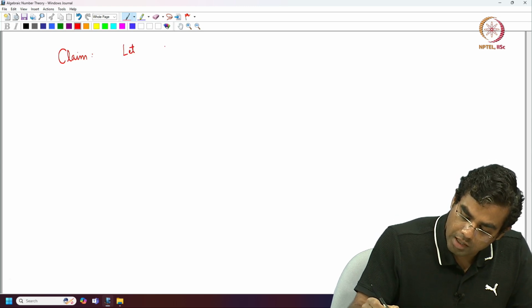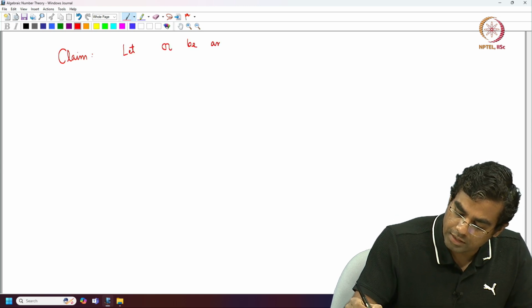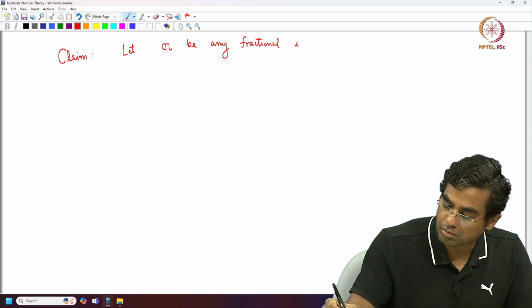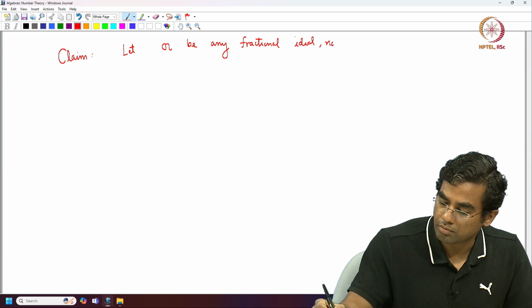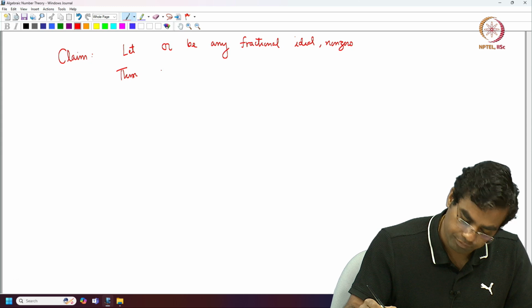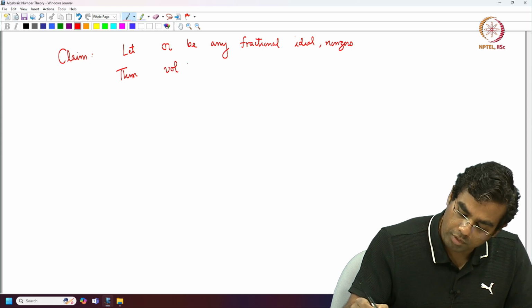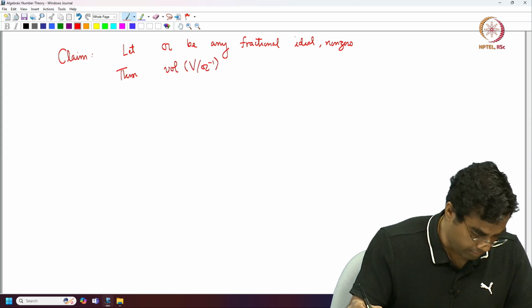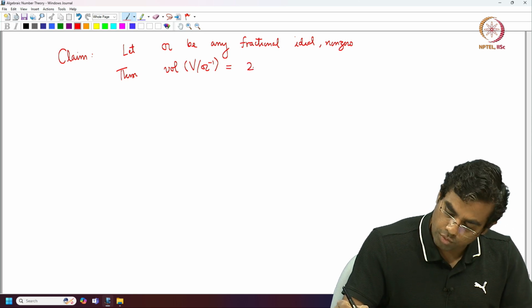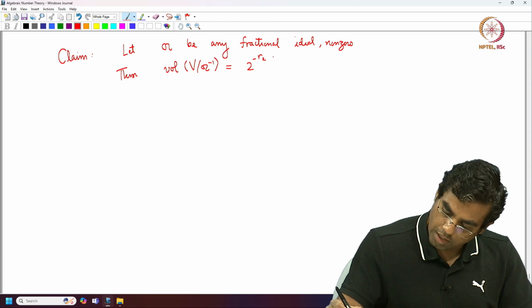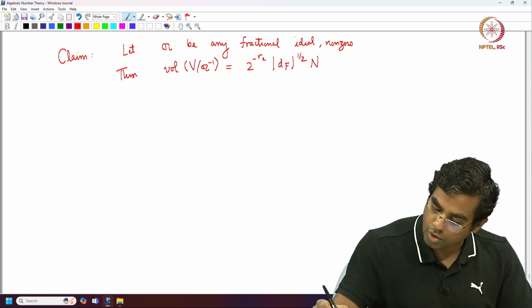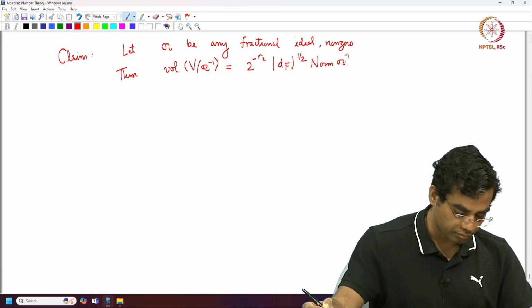Let A be any non-zero fractional ideal, then the volume of V mod A inverse is equal to 2 to the minus R2, and I take the discriminant of F to the power half, and norm of A inverse.